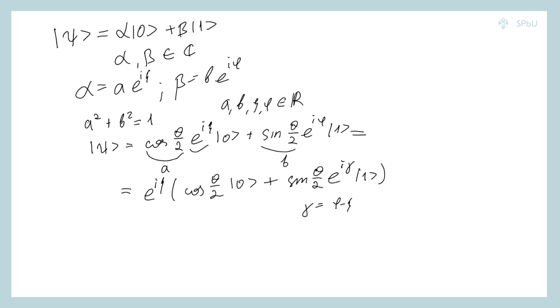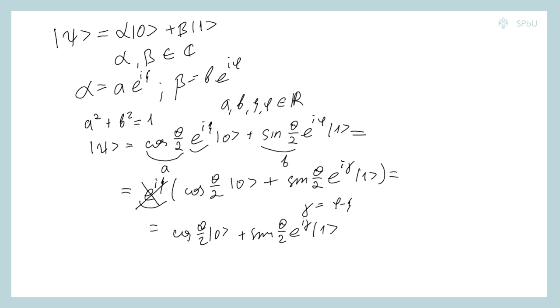So here the phase factor e to the power i xi, we can just take it out. It's an arbitrary phase factor, and finally we get the following expression: cosine theta in half on the state 0 plus sine theta in half e to the power i gamma on the state 1.